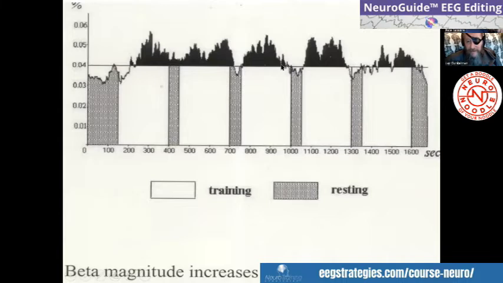And so when you're training beta and you want to see the increases, you have to average it across time and see the change in magnitude. QEEG does magnitude. Raw waveforms, you look at amplitude. So if you're looking at the raw waveform, the beta didn't get any bigger, but there are more beta packets per unit time.